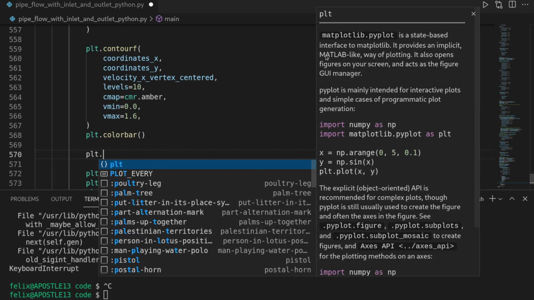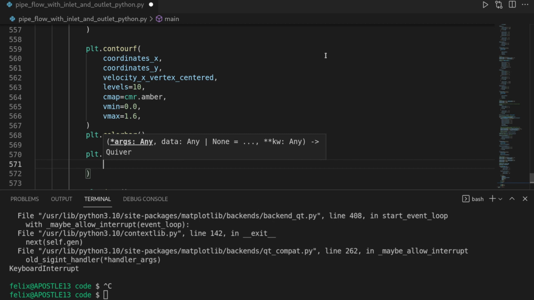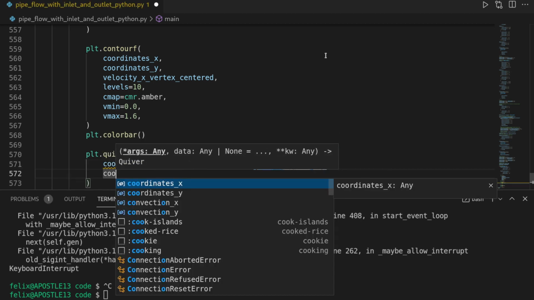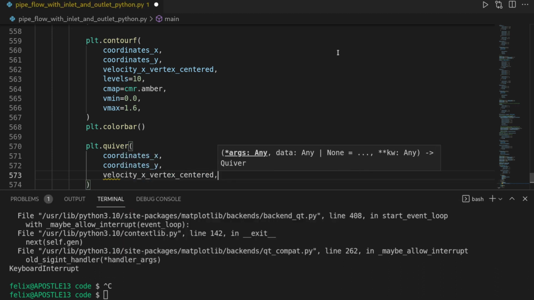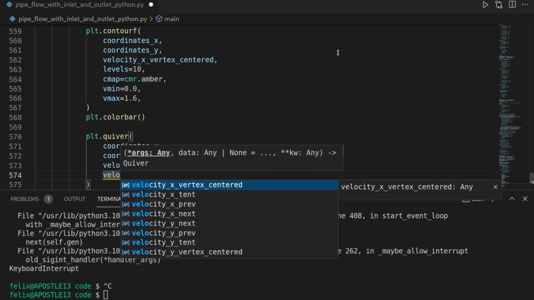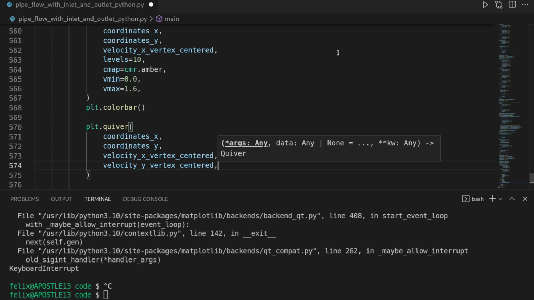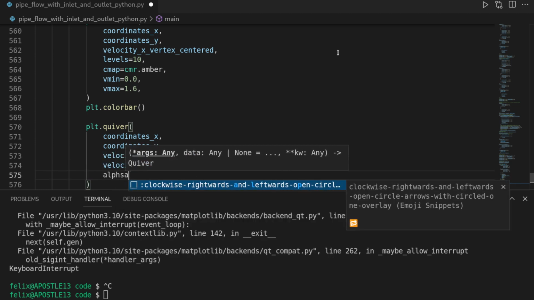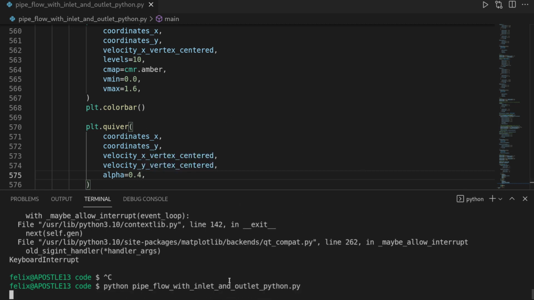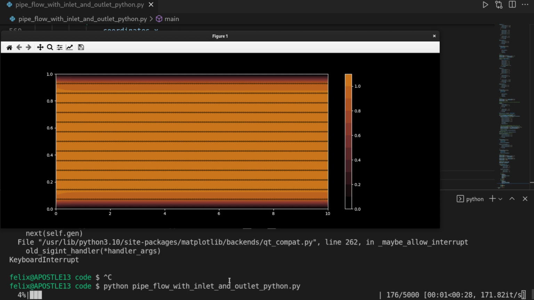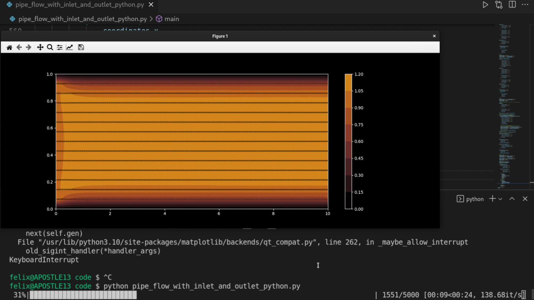So let's do plt.quiver with coordinates in x, coordinates in y, velocity x vertex centered, velocity y vertex centered, and just let me decrease the transparency to 0.4 for the one that we want to put on top. So if we run that, we should have a quiver plot, but maybe a little too many points in there. So let's reduce that.